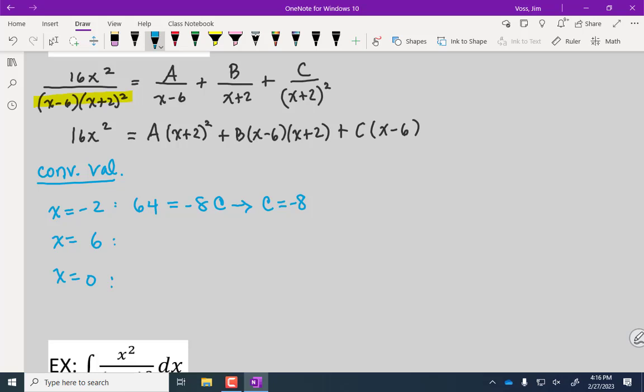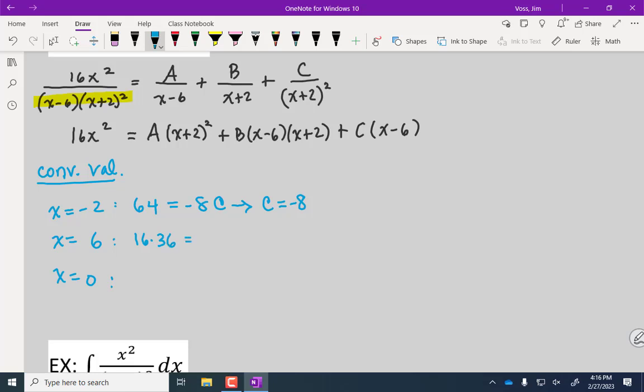Right here? Let's see. So on the left, we get positive 64. On the right, we get negative 8c, so we divide both sides by negative 8. 64 divided by negative 8 is negative 8. So c will be negative 8. Plug in x equals 6. We're going to have 36 times 16 on the left.